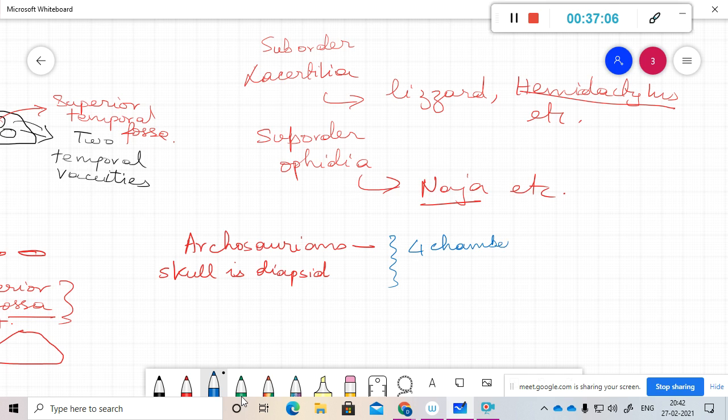A four-chambered heart among reptiles. Very powerful tail.